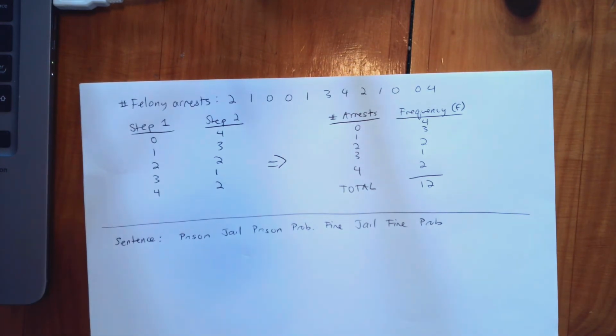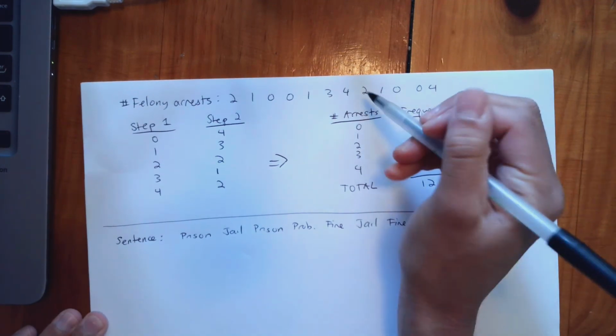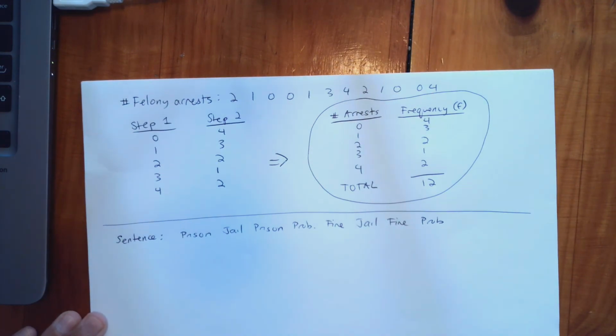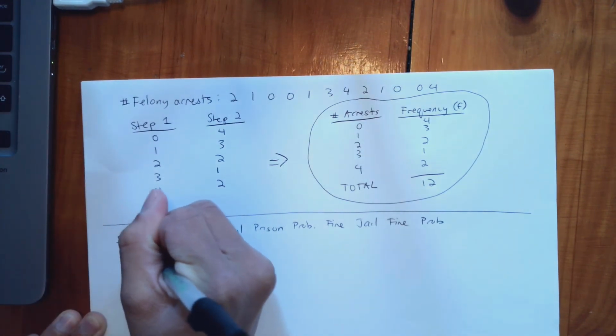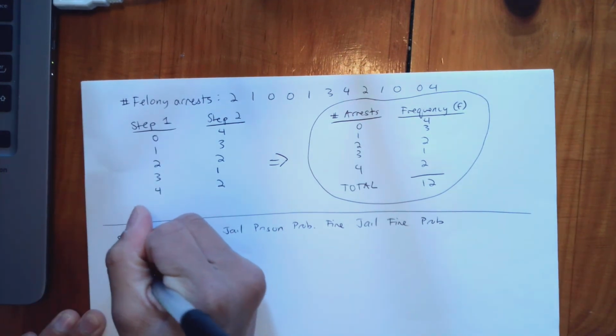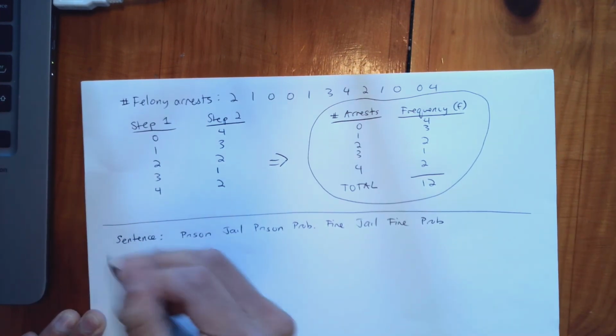In order to create a frequency distribution, we're going to follow those 2 steps again. And the first step is going to be to list out the different observations that we have. And for this, I'm going to skip right to this format here, since this is the format that we want to use. So in my first column, for step 1, where I list out the possible observations that I have, I'm going to list out different sentences, where the possible sentences that we have are a fine, jail, oh, not in that order.